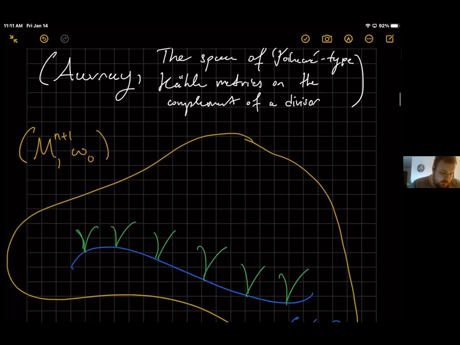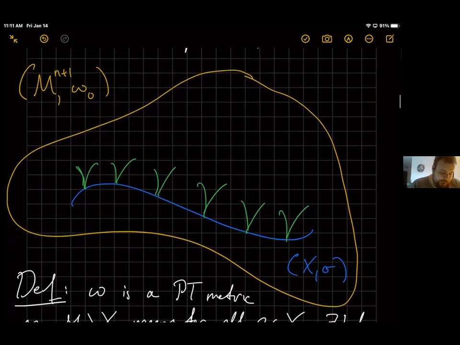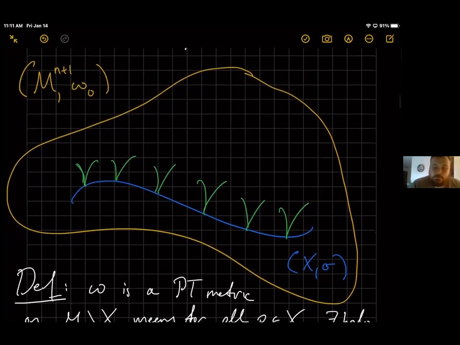So to define this, we're going to introduce an ambient manifold M. So M is one complex dimension larger than X, so that X sits as a complex hypersurface inside, and M is going to be equipped with a background smooth Kähler metric omega naught. And our picture is that X rests as a hypersurface, and the metric we have has all of these cusps that I've done in green.